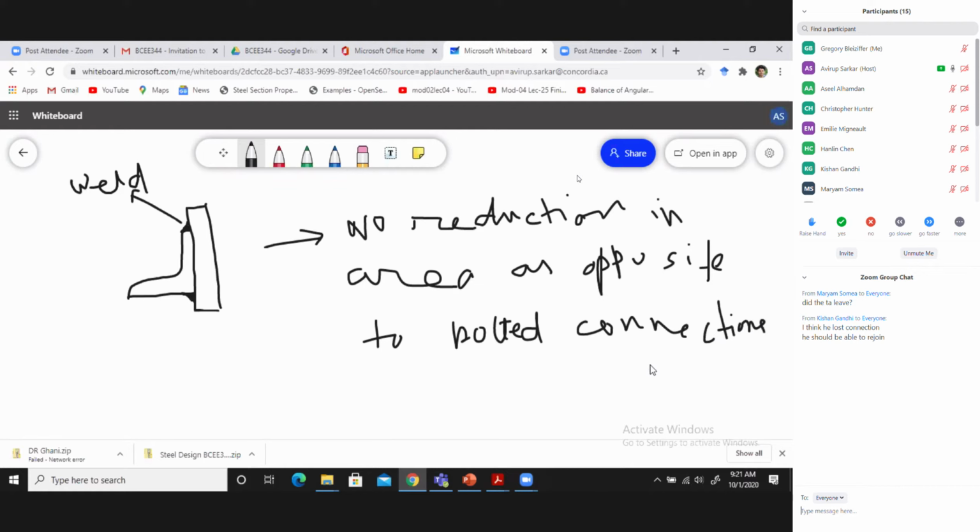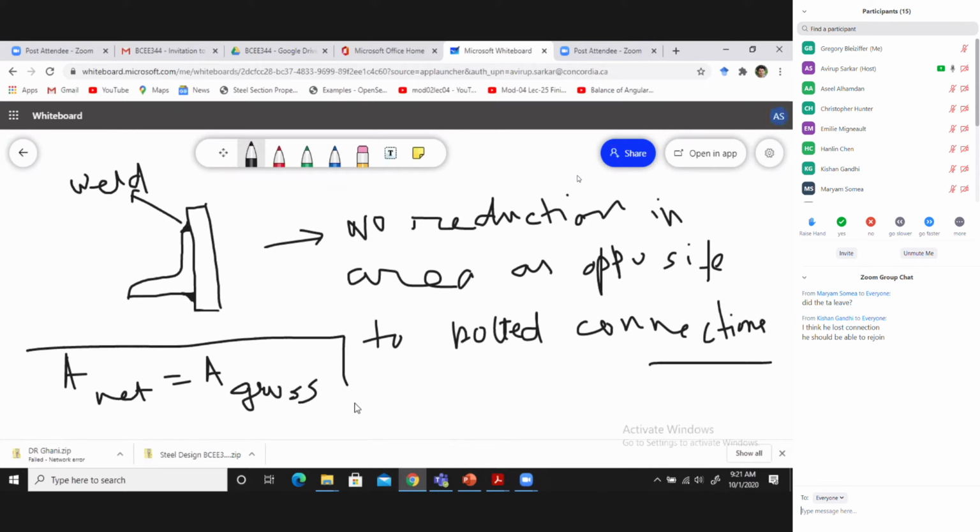That's why the area net and area gross for welded connections are equal.